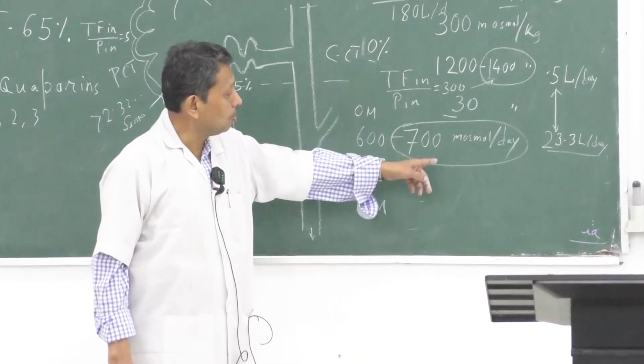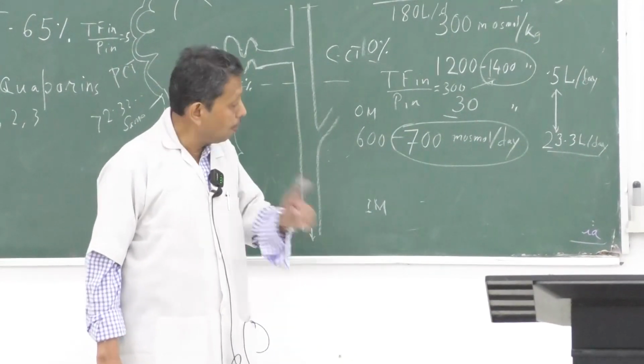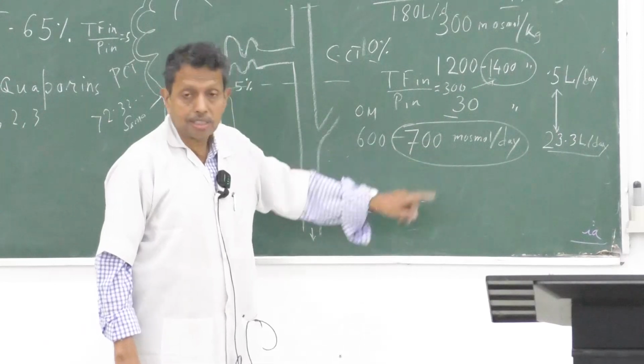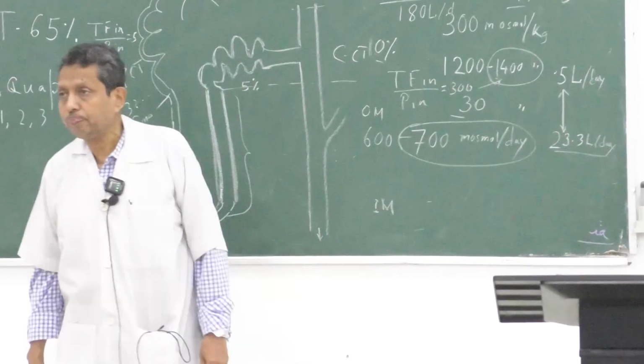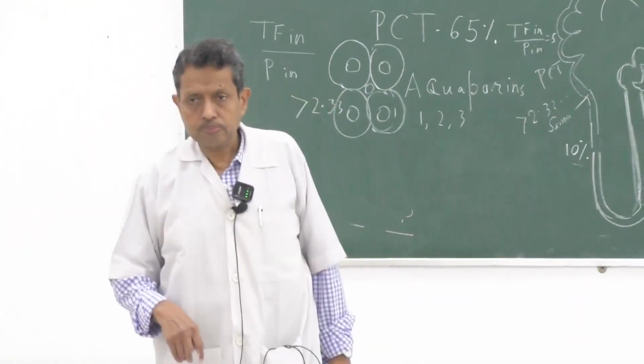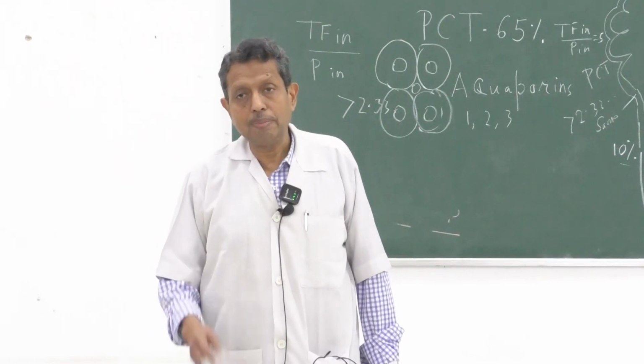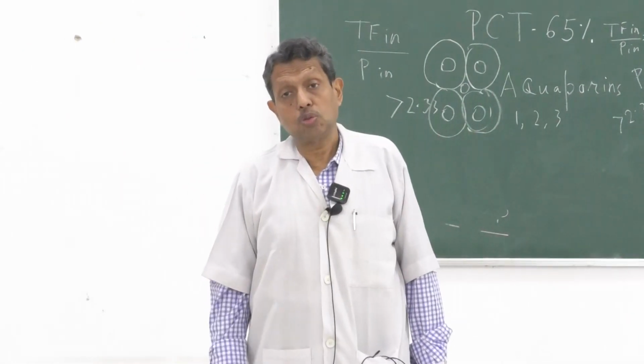And in that condition, 23.3 liters per day is produced. Whenever this osmotic load is 700 milliosmol per day, it will depend upon the diet, sodium intake and metabolism also.